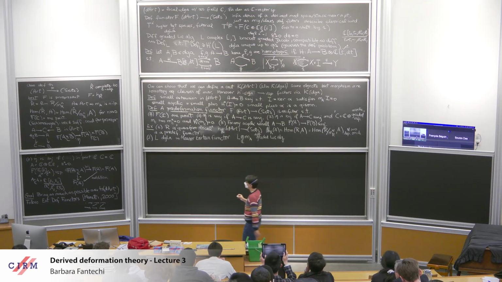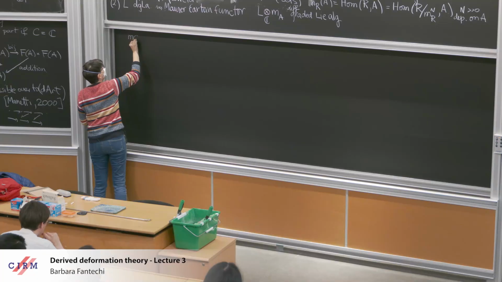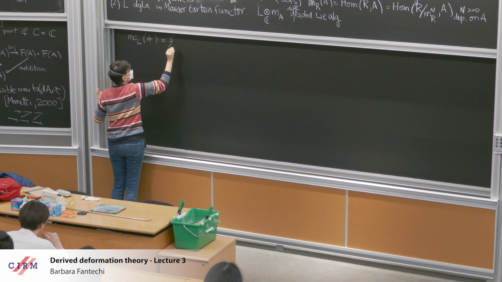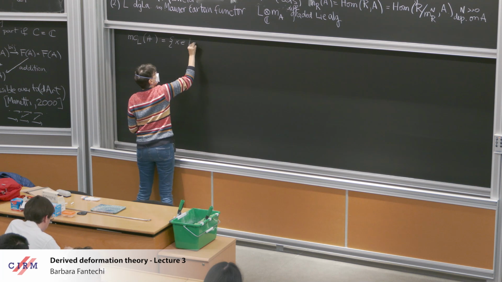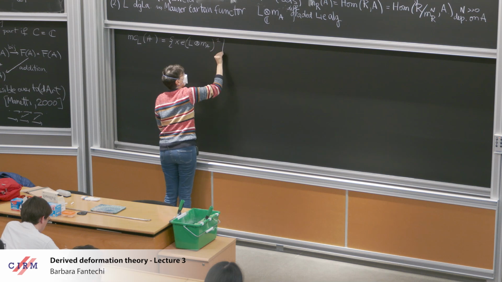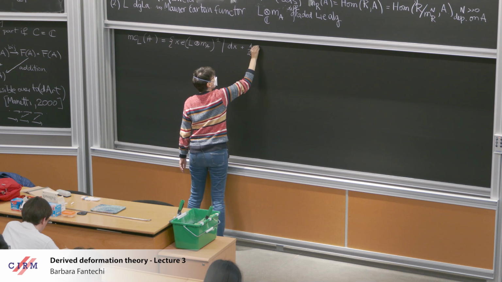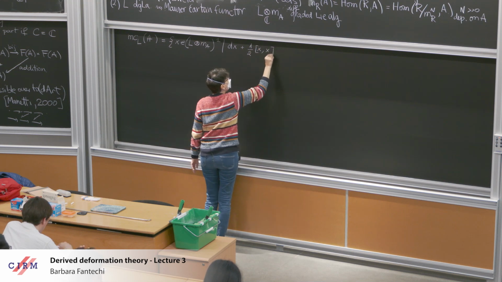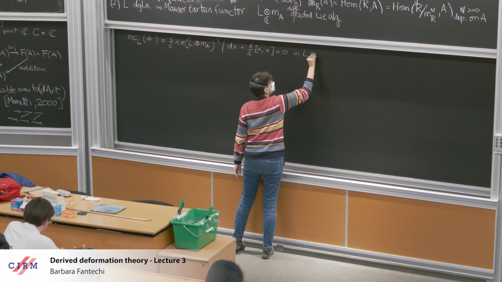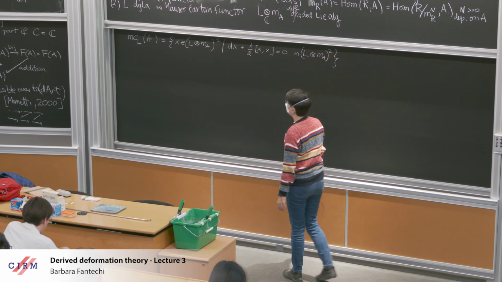And we define the Maurer-Cartan functor associated to L to be the set of X in L tensor M_A of degree 1 such that dX plus 1/2 [X, X] is 0 in the degree 2 part.